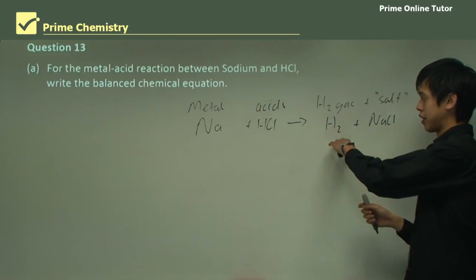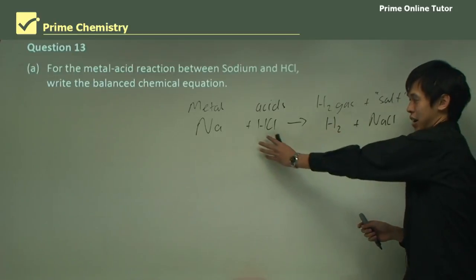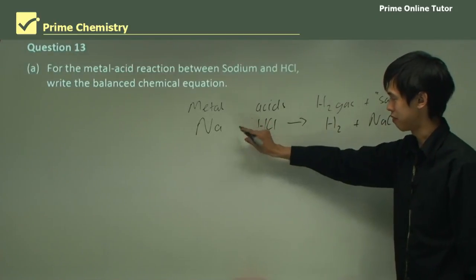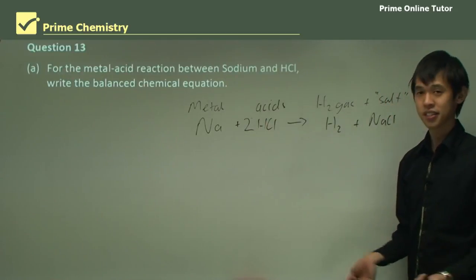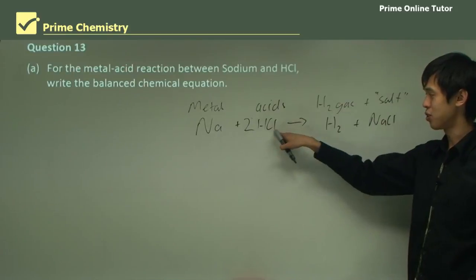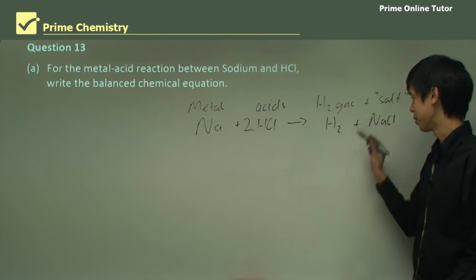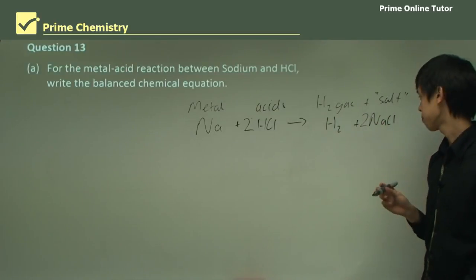Okay. So we start with hydrogen. We've got 2 hydrogens on this side and 1 hydrogen on this side. So the simple solution is just to put a 2 here. But what we've done is we've unbalanced the system even more now because we've got 2 chlorines and only 1 on this side. So again, we'll just put a 2 here to make 2 chlorines on both sides.